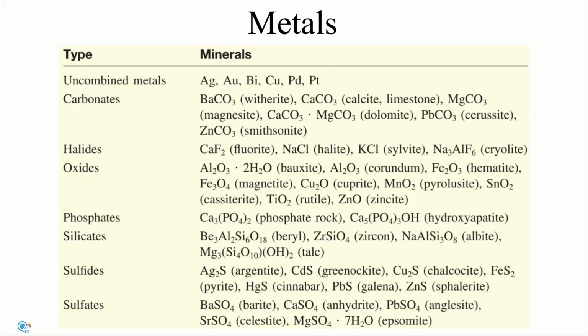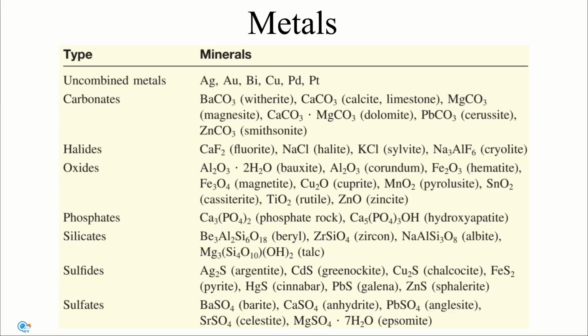The most abundant metals which exist as minerals in Earth's crust are aluminum, iron, calcium, magnesium, sodium, potassium, titanium, and manganese. Seawater is a rich source of some metal ions, including sodium, of course, magnesium, and calcium salt.